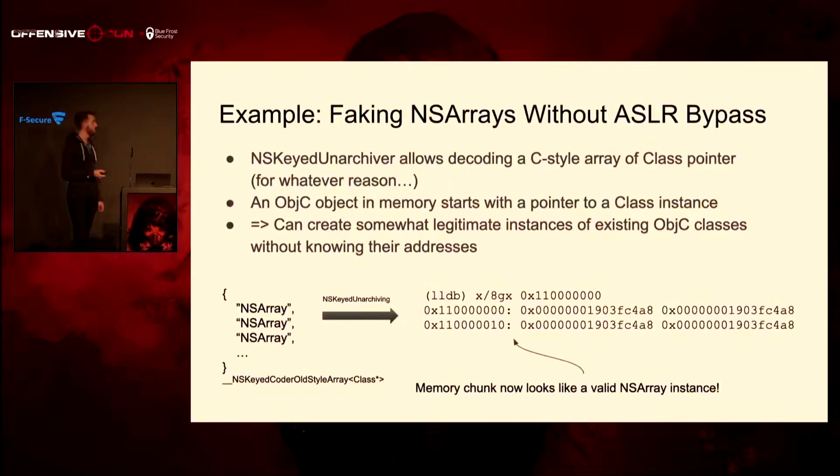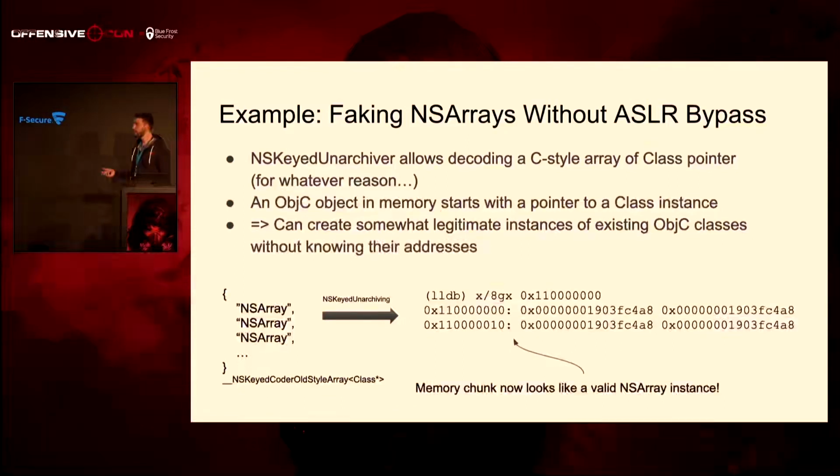One example of how this can work in our scenario here is the NSKeyedUnarchiver. It allows decoding C-style arrays, just fixed size arrays. You tell it, give me an array of 10, or decode me 10 integers. And actually, it also supports decoding class pointers, I don't know why. This seems like a really absurd feature.